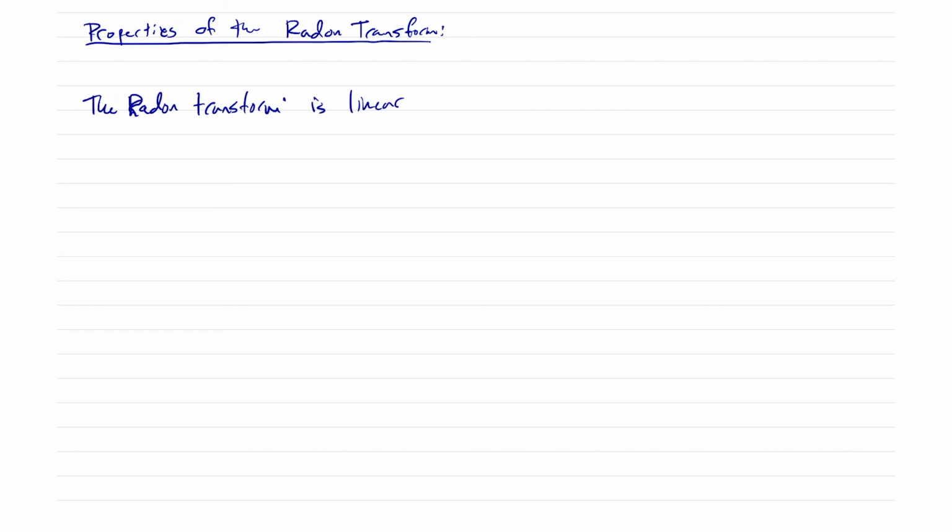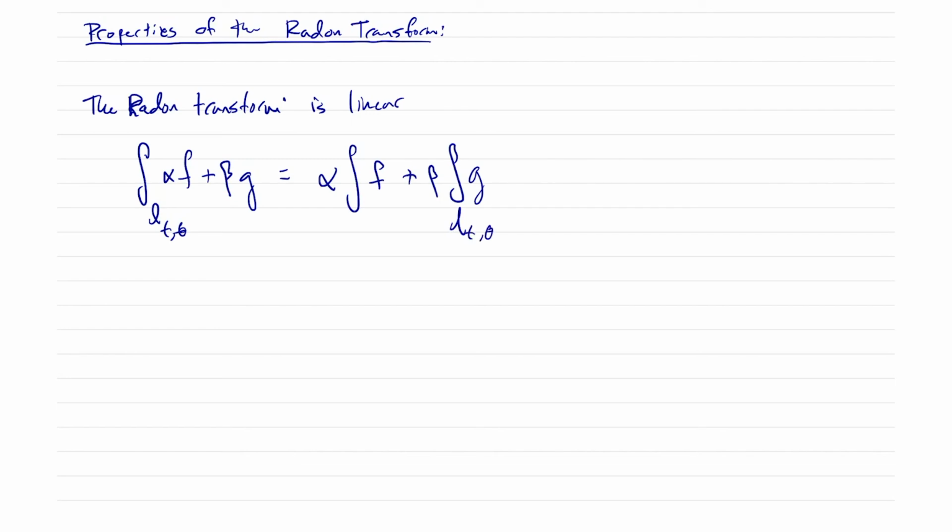That's easy to see. Integrals over L of t comma theta of, say, alpha f plus beta g. Well, integrals are linear, so it's alpha integral of f plus beta integral of g over L of t comma theta.